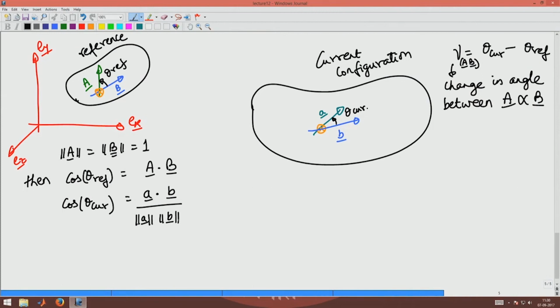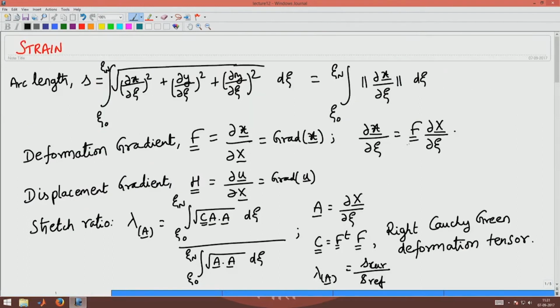Now, from our definition of deformation gradient, you know that a straight line maps on to a straight line. So, what does the deformation gradient do? It maps capital A to small a like this, right. That is the mapping that we saw coming from our definition of deformation gradient. Dou x by dou psi is capital A, dou small x by dou psi is small a.